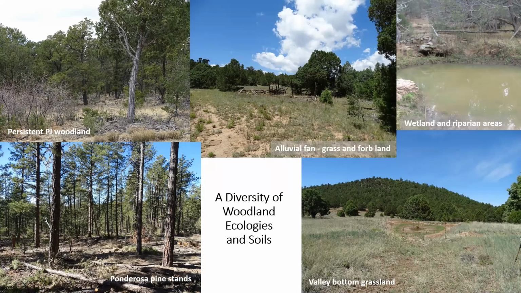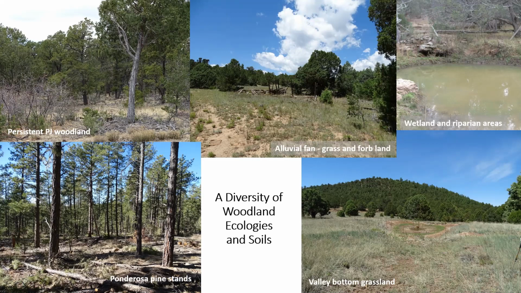Looking at pinyon juniper woodlands on the property, it's important to realize that woodland ecologies are very diverse, and their diversity is directly related to the diversity of soils and the need to identify different soil types.